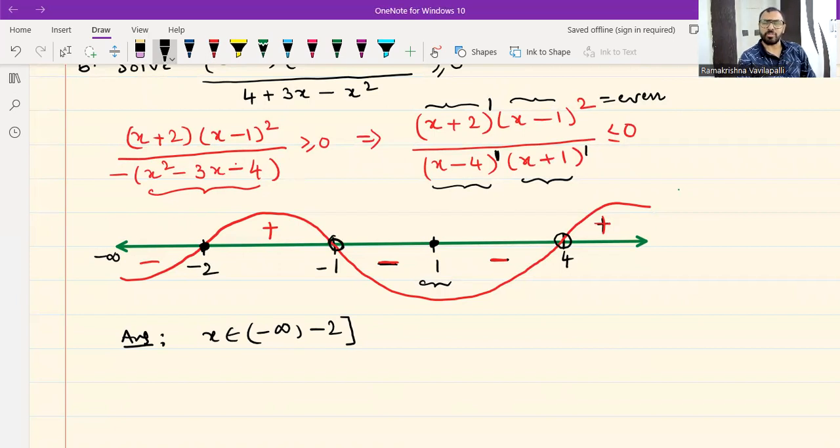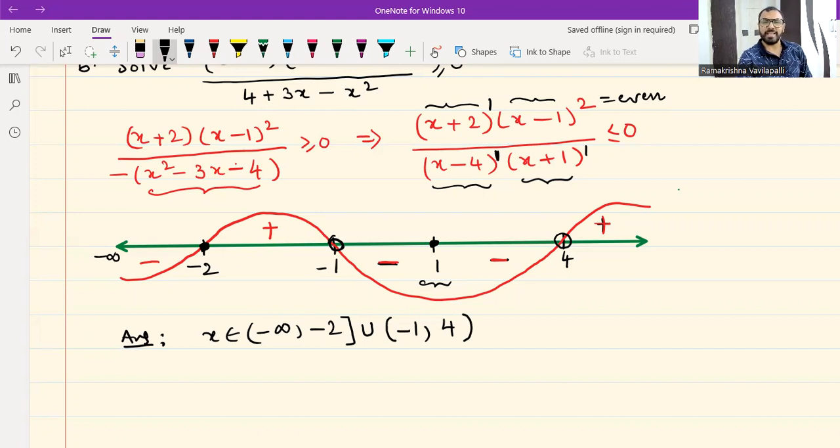We should not include these numbers in the solution. So x belongs to minus infinity to minus 2, union, where you can find a negative sign, here you see minus 1 to 4. These are open intervals.